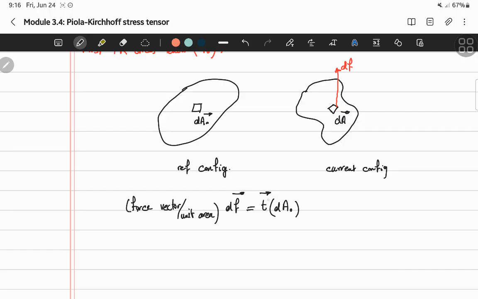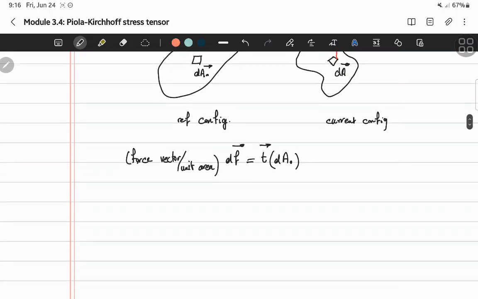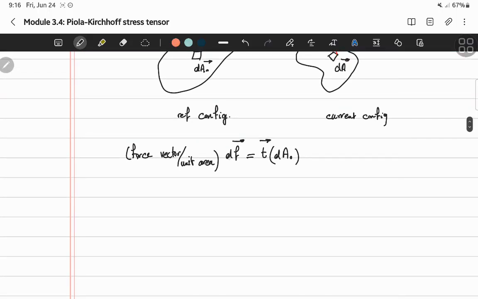This is like the magnitude, and if I put an arrow, it indicates this is a vector. So let us define this.